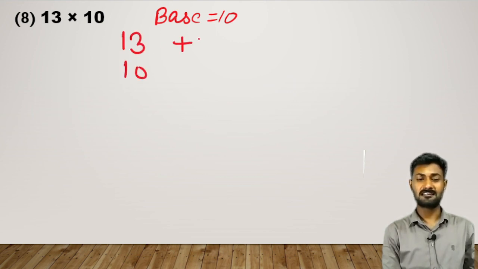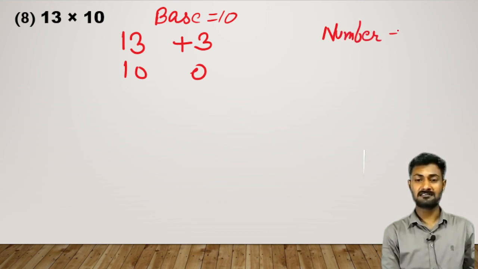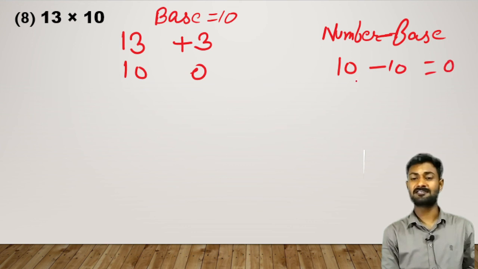Deviation of 13 is +3, and deviation of 10 is 0. How do we find the deviation of 10? That is number minus base. Number is 10 and base is also 10. Then deviation is equal to 0.